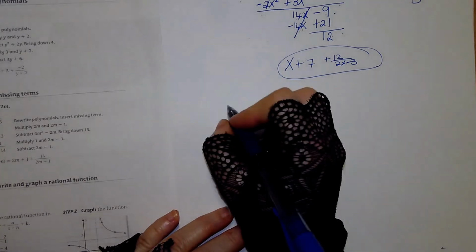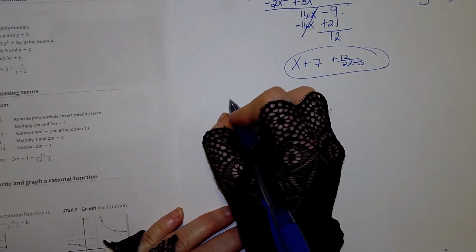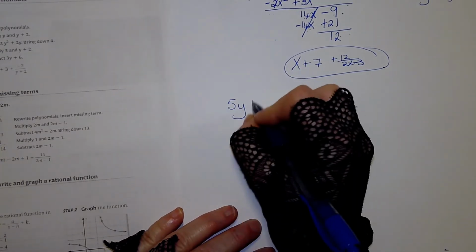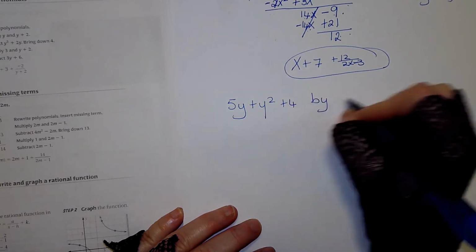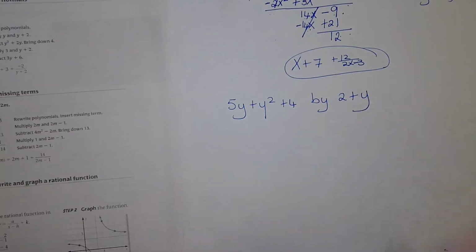So the next one is divide 5y plus y squared plus 4 by 2 plus y. Okay? So remember what I said. You have to go ahead and write everything in descending order.